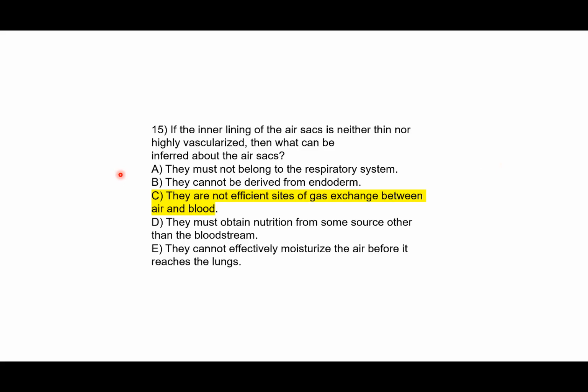So you could say that the gases are easily able to penetrate that surface. So if they're not thin and they're not highly vascularized, then they're not efficient sites of gas exchange.